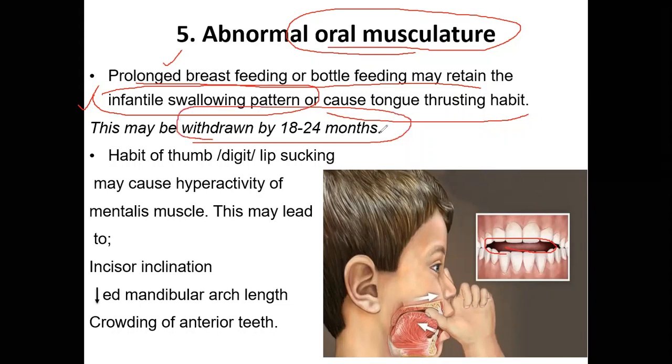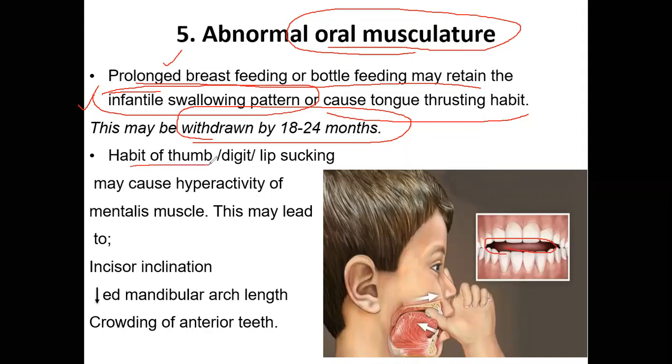The child is not supposed to continue bottle feeding and breastfeeding after this age, because a child has to switch from the infantile swallowing pattern to the adult swallowing pattern.